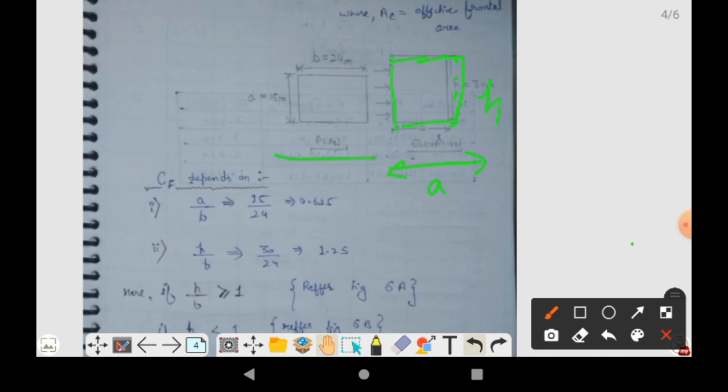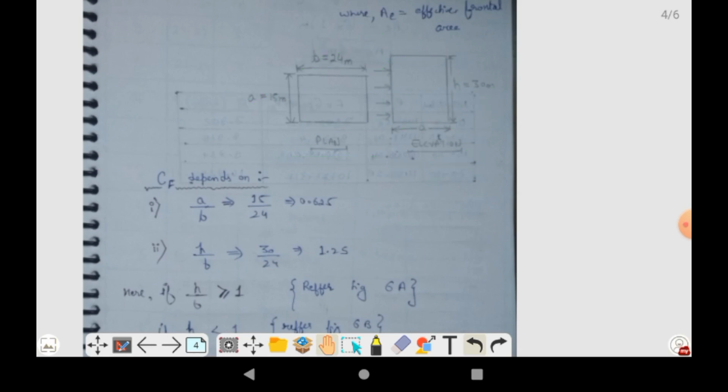From the plan we can see that this is the plan of this building, which includes its length, that is 24 meter, and the width, that is 15 meter.